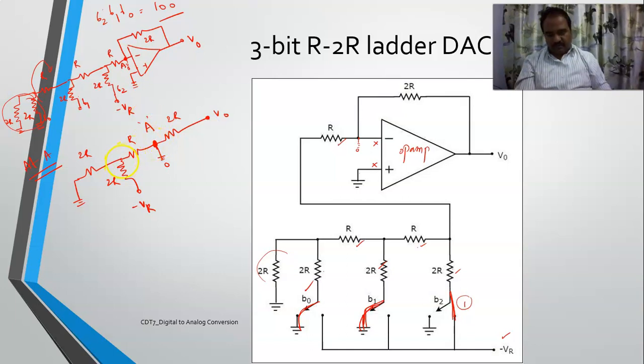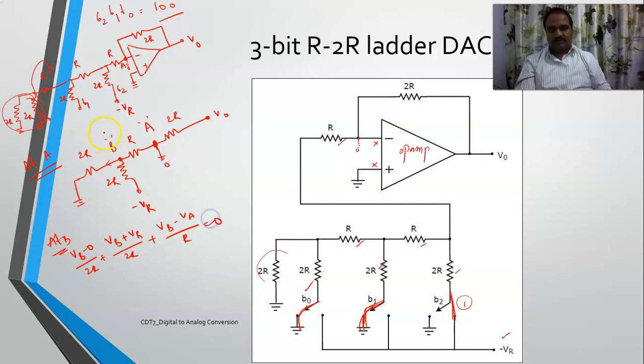I'll consider another point as B for our convenience. So at B, what is my KCL if I apply it? VB minus 0 by 2R plus VB minus of minus VR, which gives plus VR by 2R, plus VB minus VA by R is equal to 0.